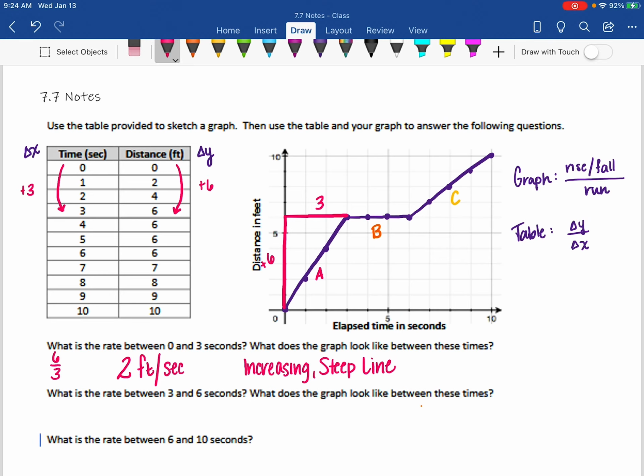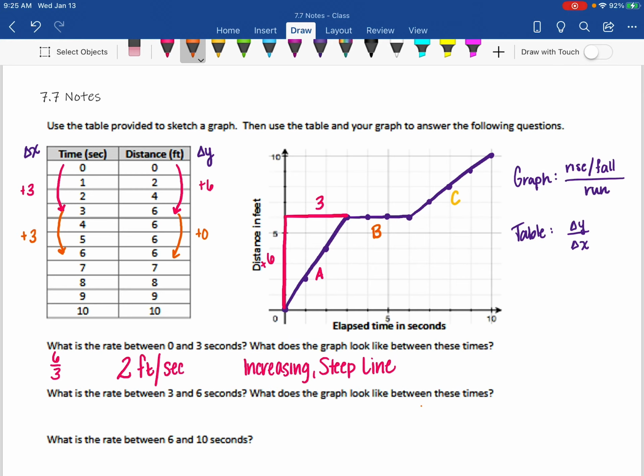All right, next interval we're looking at is 3 to 6 seconds. Okay, so from 3 to 6 seconds in the table, I'm looking at the change from 6 to 6. The change is 0 because 6 plus 0 is 6. And then from 3 to 6, the change is 3.